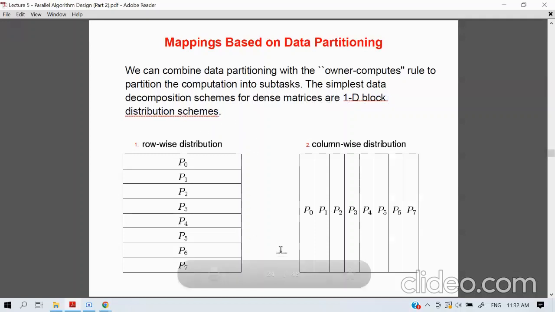If you have the task, you can divide it into several subtasks using this kind of partitioning, either row-wise or column-wise distribution. You just divide the task into several tasks. In this case, P represents the processes from process 1 until process 7. Then it's column-wise, like this.